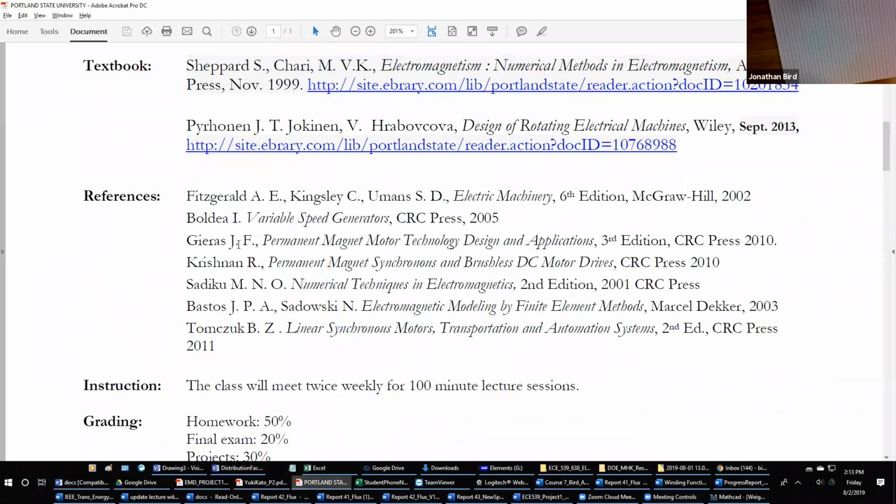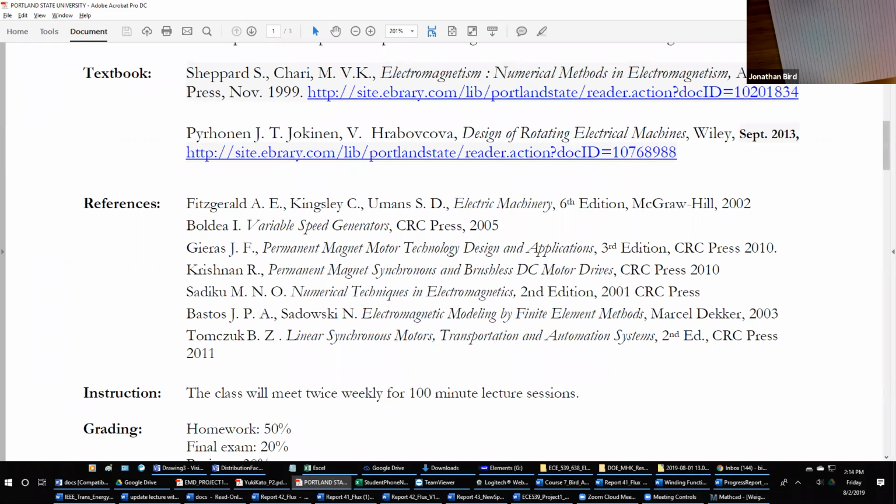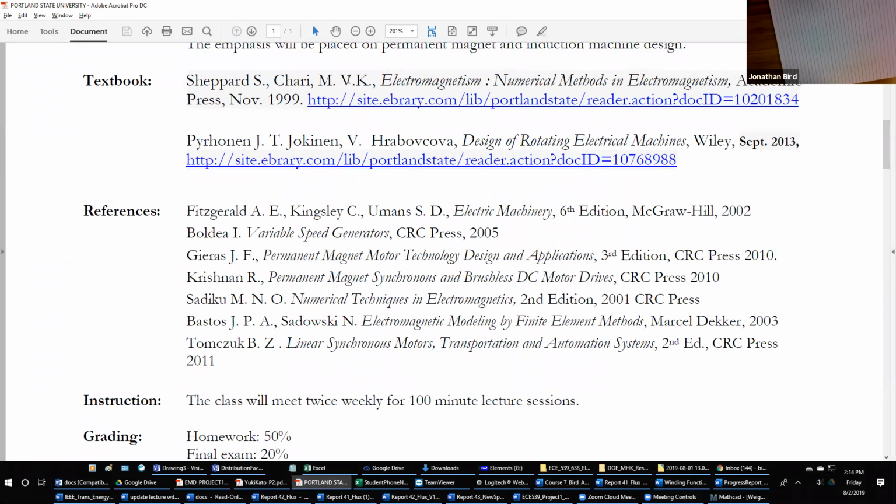Okay, so in here, there's a number of books that are quite good. This one here is on the numerical modeling basis. This one is on the design of rotating machines, sometimes somewhat hard to follow in places. I believe I've explained a fair chunk of this book in different aspects.